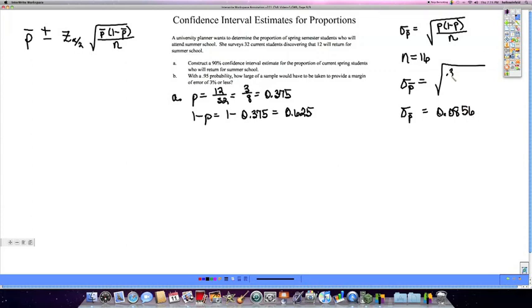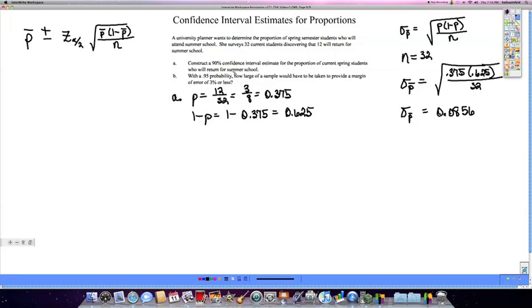This was the 0.375 times 0.625 over 32. And that is about where we were when the software decided to shut down.